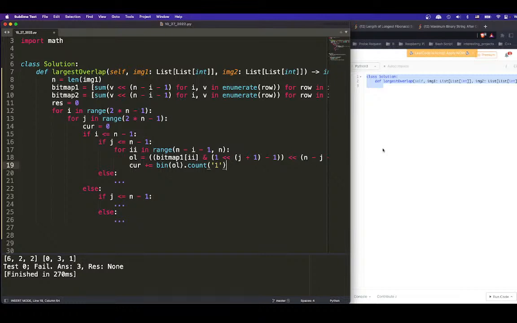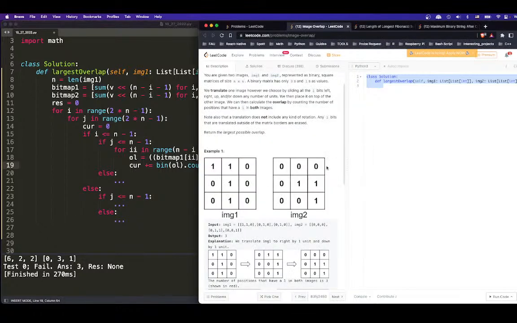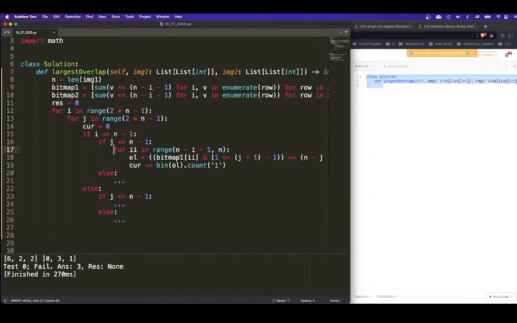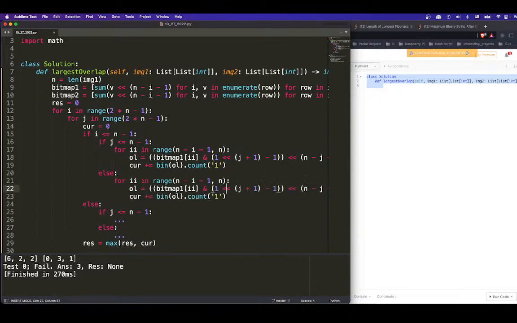Second case, J is larger, so we're moving outside, right? If we move outside, the I is still the same, so we can copy this. Once we're done, we can say res equals maximum of res and current, right? So we can copy this, but this one will be changed.